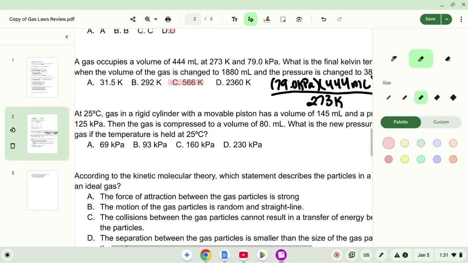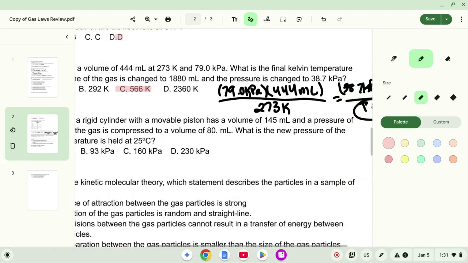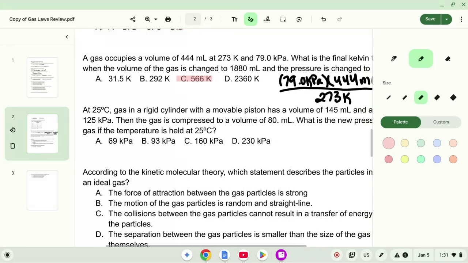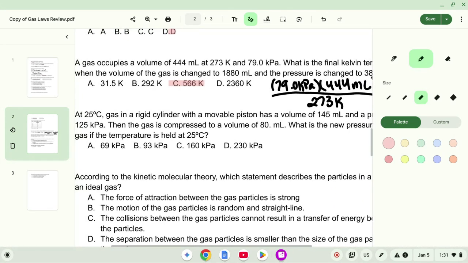At 25 degrees Celsius, gas in a rigid cylinder with a movable piston has a volume of 145 milliliters and a pressure of 125 kilopascals. Then the gas is compressed to a volume of 80 milliliters. What is the new pressure of the gas if the temperature is held at 25 degrees Celsius? You can still use the combined gas law, but you don't need to include temperature because it's going to be held constant.